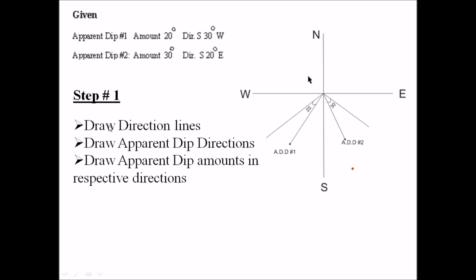So first of all, draw the direction lines, then draw apparent dip directions and apparent dip amounts in respective directions. This is 20 degrees here, and in apparent dip direction 2 the amount is given as 30 degrees.